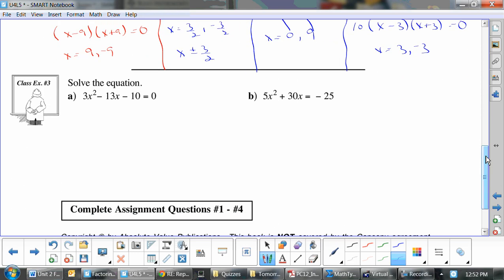Okay, let's start moving it up a bit. Make it a little harder. We're going to do the thing. We need two numbers that add to negative 13 and multiply to equal negative 30. What would the signs be?